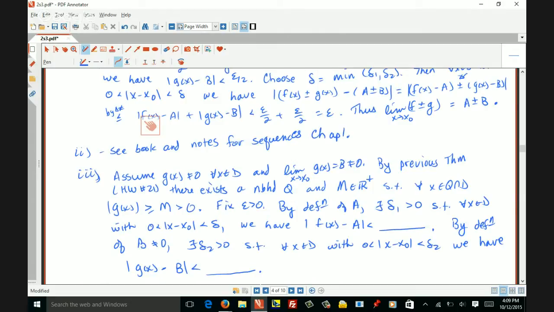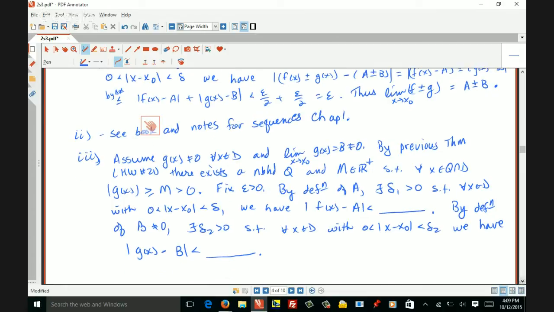We'll figure that out when we know what we need it to be. By definition of Q, by definition of a neighborhood, I know there exists a delta 3 greater than 0, such that x naught minus delta 3 to x naught plus delta 3, the interval, that's an x naught, not a b, I know that that is contained in Q.